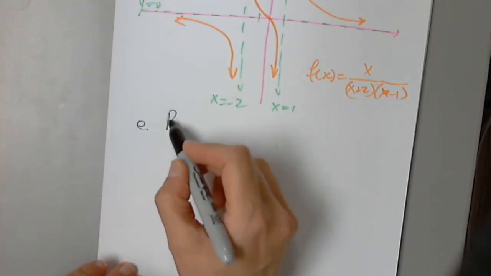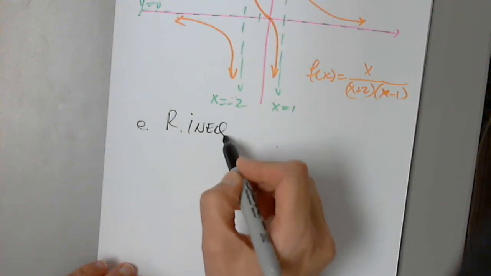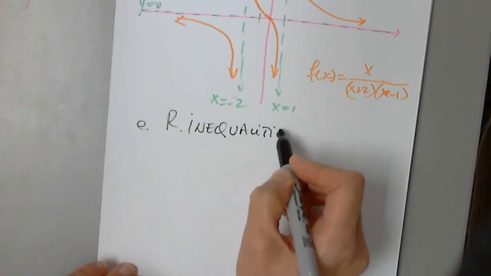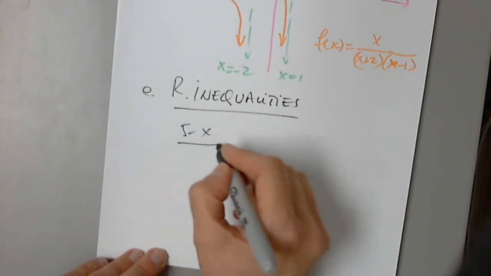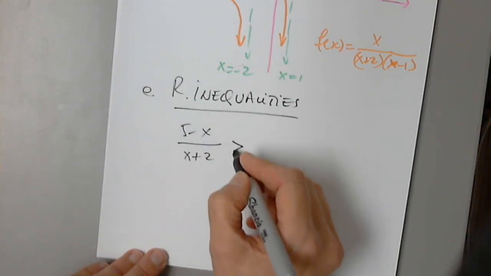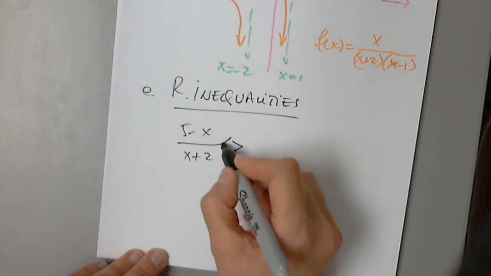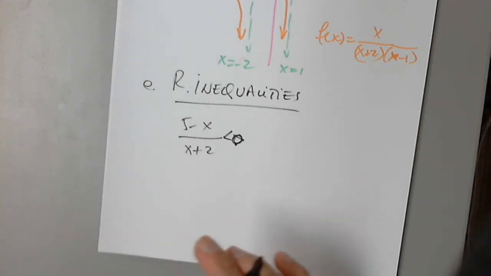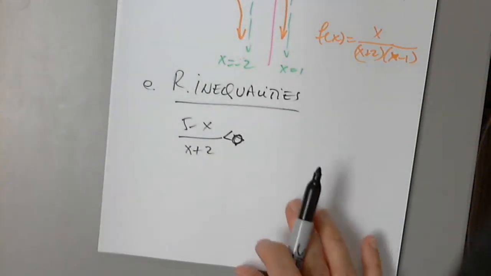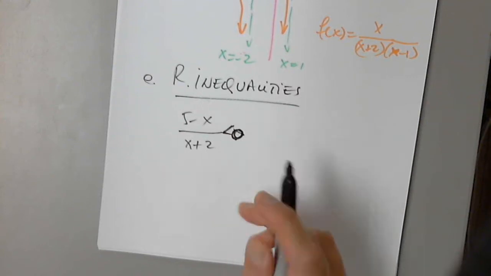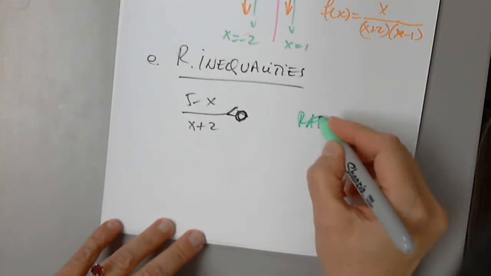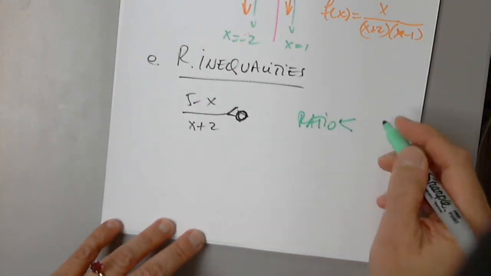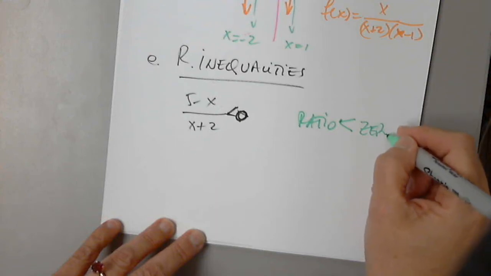So, rational inequalities. We have 5 minus x over x plus 2 less than 0. On the left-hand side we have a ratio, and on the right-hand side we have 0.